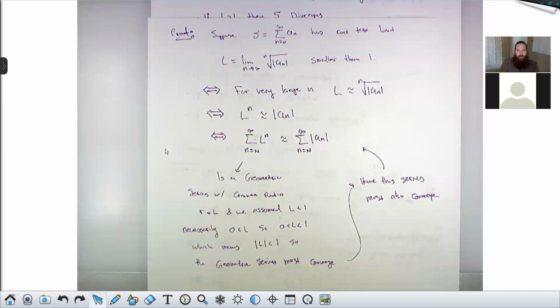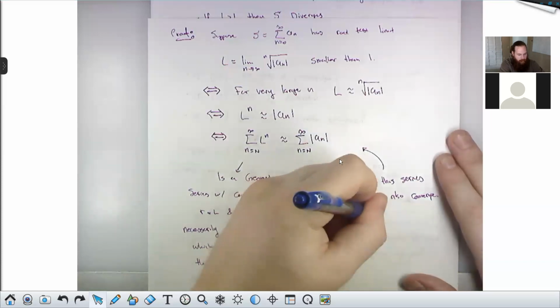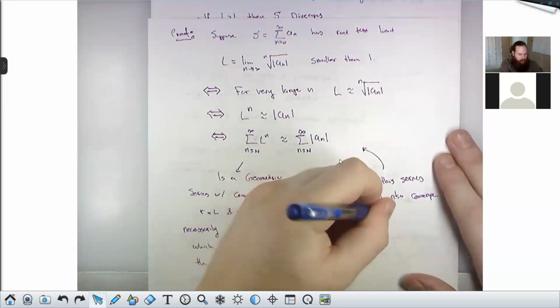So definitely what we're doing is we're looking at the tail of the series, and we're saying that the tail of S has to be similar to the tail of this geometric series. So if the geometric series converges, S converges absolutely, right? If this series must converge, and then I'll be a little bit more specific.